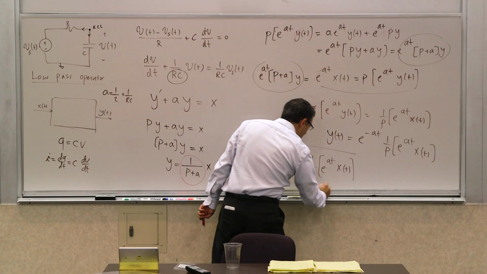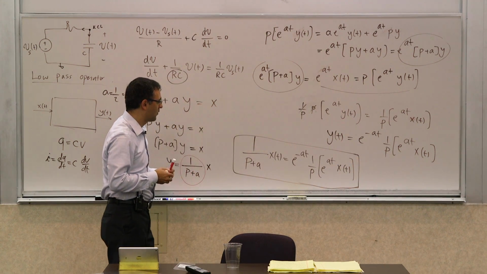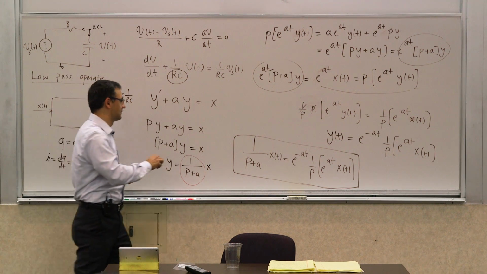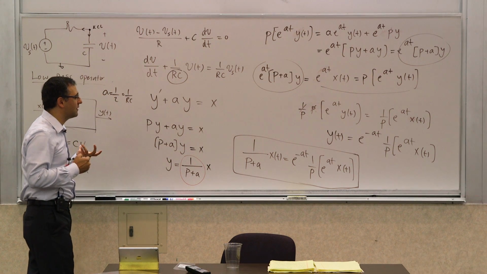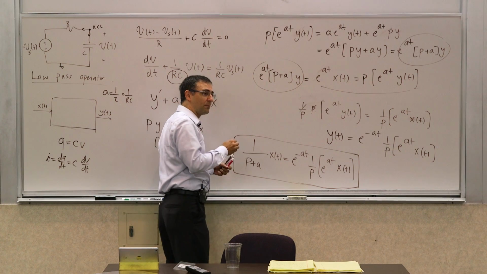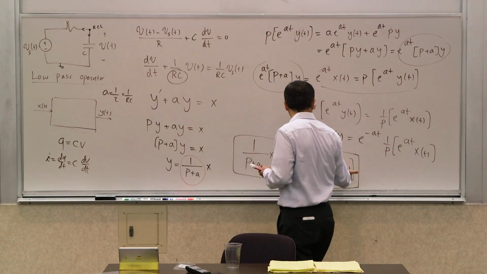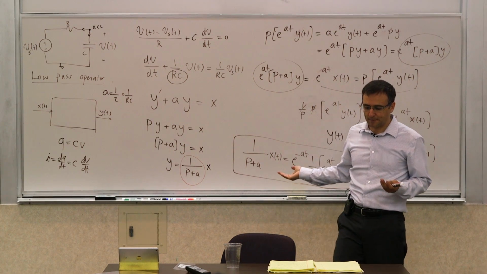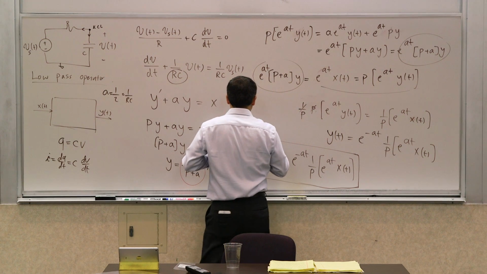And this is an important result, worth remembering. This operator that I defined, which is the inverse of the p plus a operator, is defined this way. It's a time domain function. So this is called the first order low pass operator.